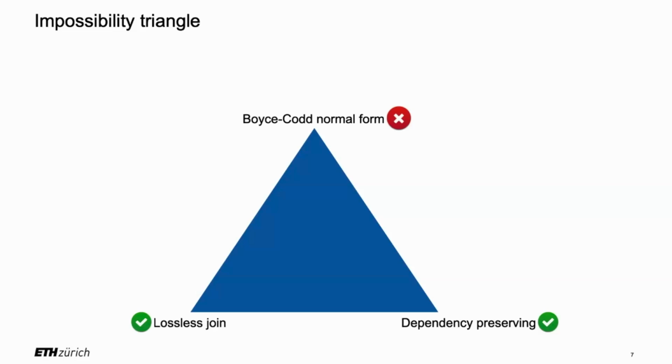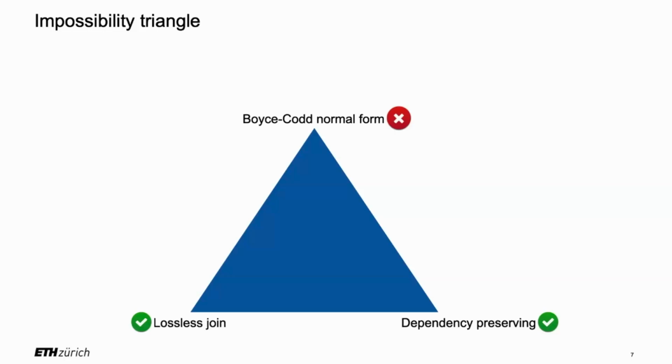What do I mean by abandoning the Boyce-Codd normal form, where you basically target lower normal forms? Do you remember what number the Boyce-Codd normal form has? 3.5, right? So we have the third, we have the second, so we can go down.